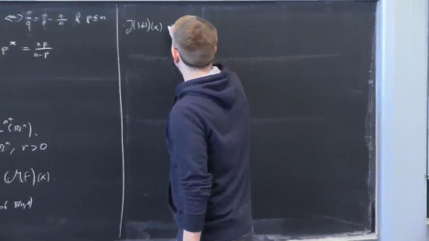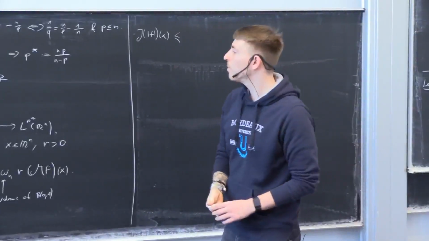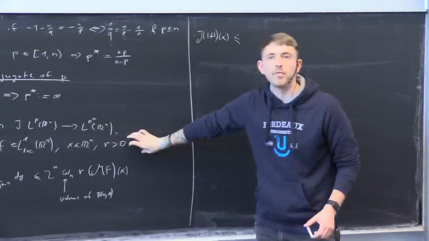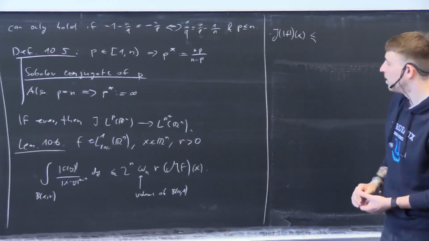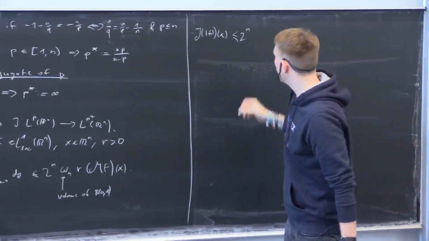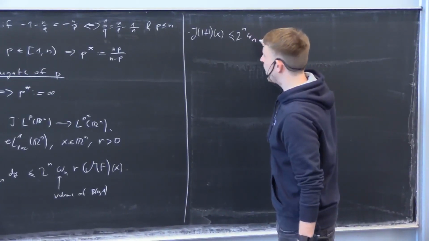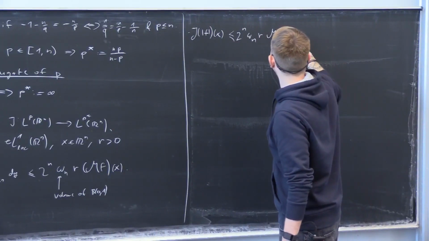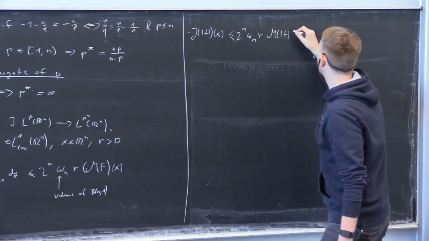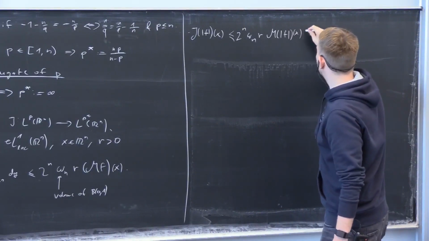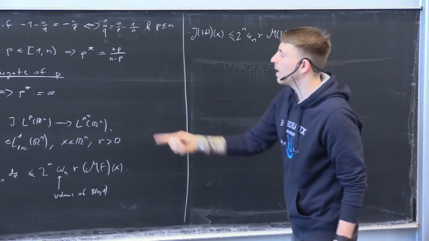J of f(x) is smaller than, we had these two parts. For the first part, we just used this Lemma 10.6 that we proved before the break. This gives us an estimate against 2n omega_n r times the maximal function evaluated on |f| of x. And then I get this second part.